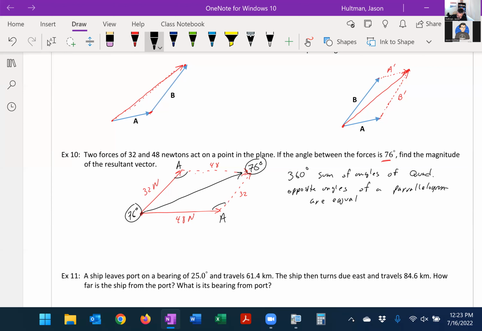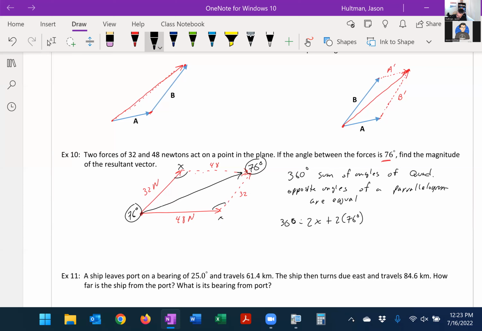Maybe x, if you want to label it as a variable, x degrees. So what do I know? I know that 360 is equal to 2 x angles, which are opposite each other, plus 2 times 76 degrees.